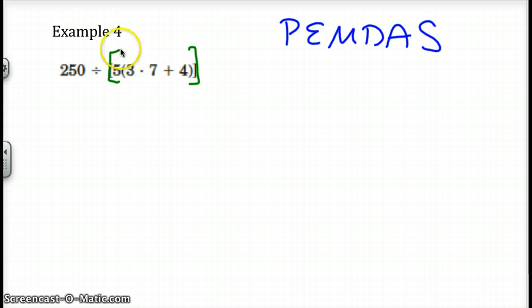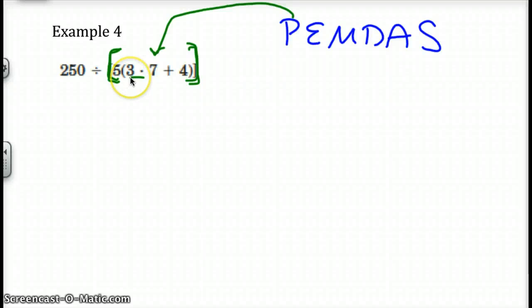I'm actually going inside this bracket, and then I'm applying the same rules inside that bracket. So I'm going to look for my parentheses inside that bracket. And inside my parentheses, I need to do which operation first? Multiply or add? Multiply is the first thing in the list here. So within my parentheses, I need to multiply.